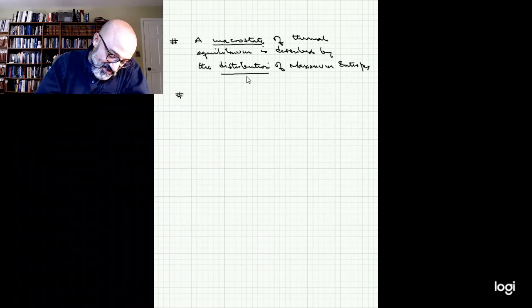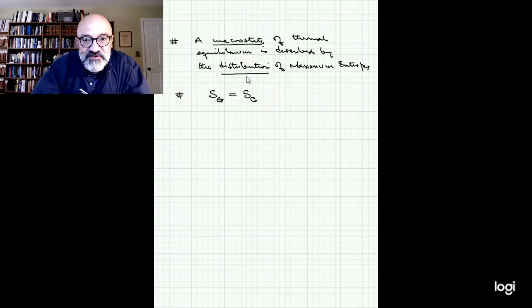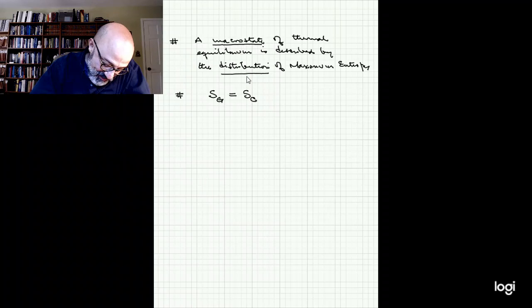The second piece of the insight is that the Gibbs entropy matches the Clausius entropy. And it is important to recognize that what enters here is the maximized entropy.